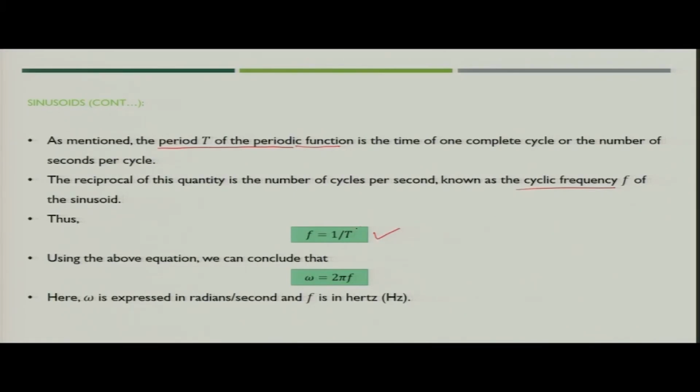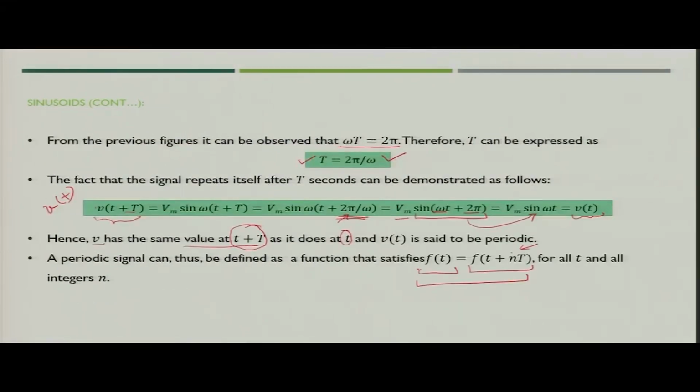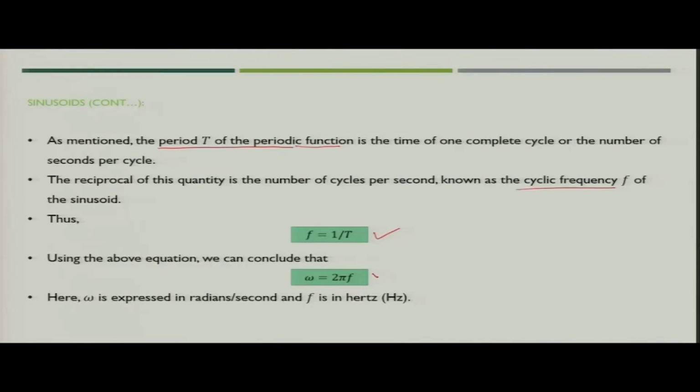Now, if you put this value in the equation which we derived, that is capital T is equal to 2 pi by omega, what do we get? We get omega is equal to 2 pi f. So, this is basically the relationship between angular frequency, that is measured in radians per second, and your cyclic frequency, that is measured in hertz.